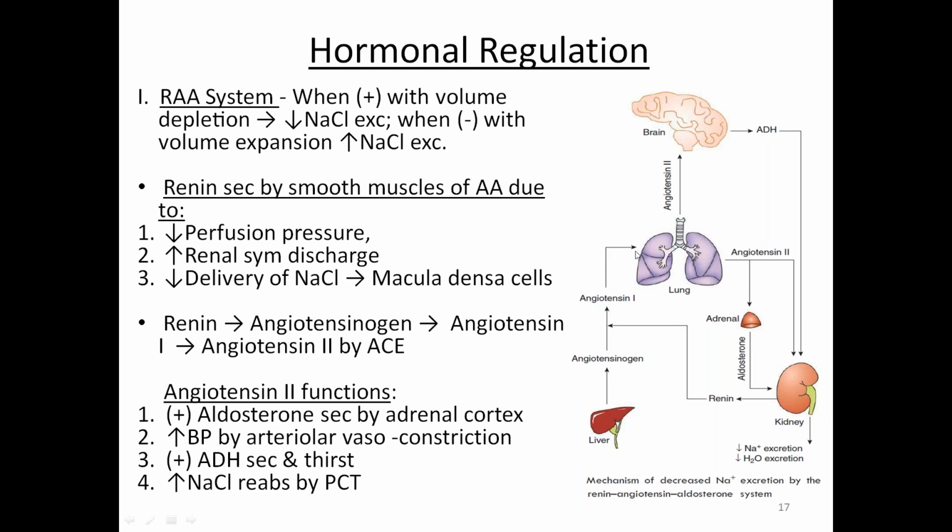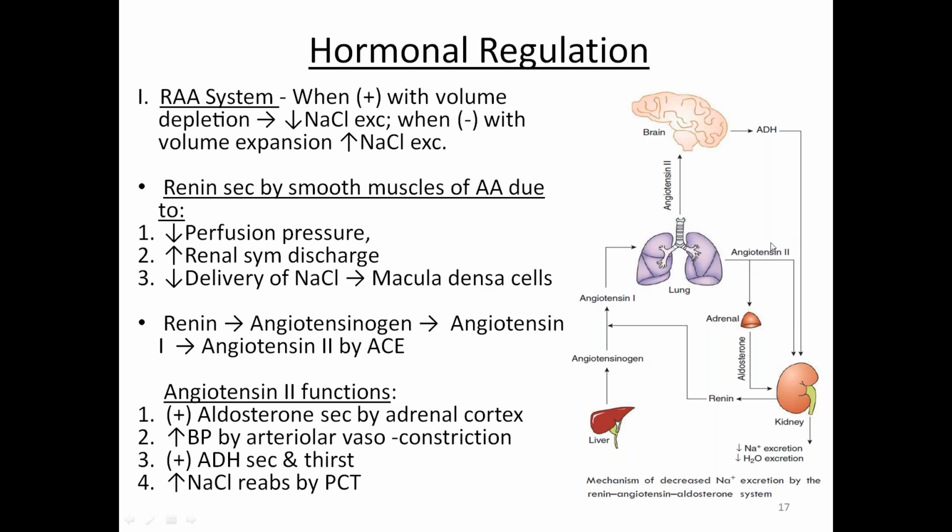Then this angiotensin 1 is acted on by your angiotensin converting enzyme from the lungs into angiotensin 2. And it is your angiotensin 2 which has the main physiological role to play in this case.